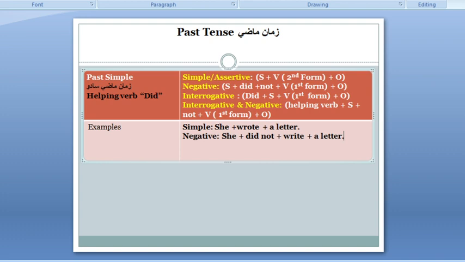Okay, so you need to list some of the vocabulary, action verbs, to be familiar with the second and third form, because this really matters when we talk and when we write and when we communicate formally.